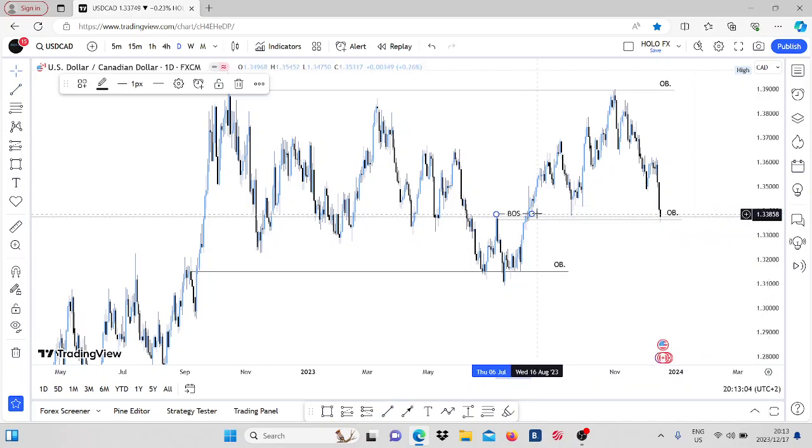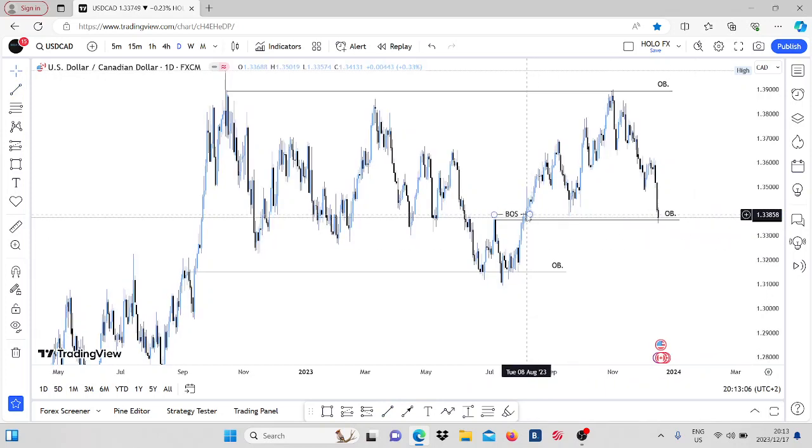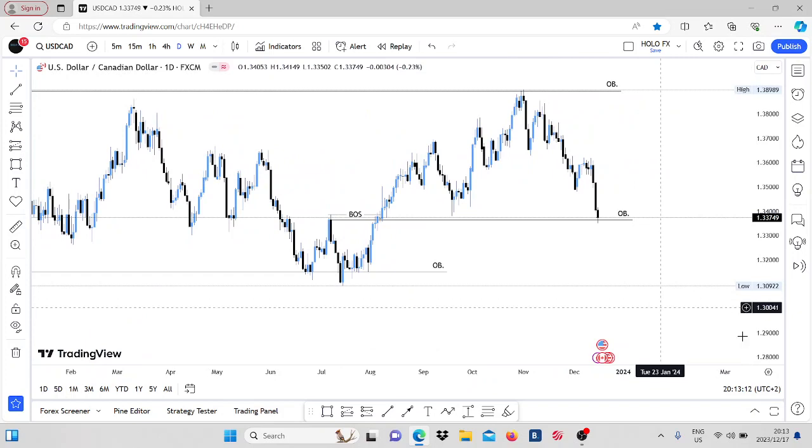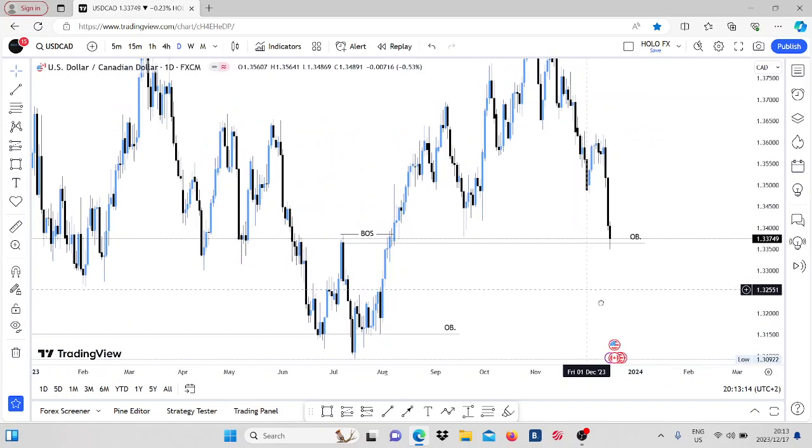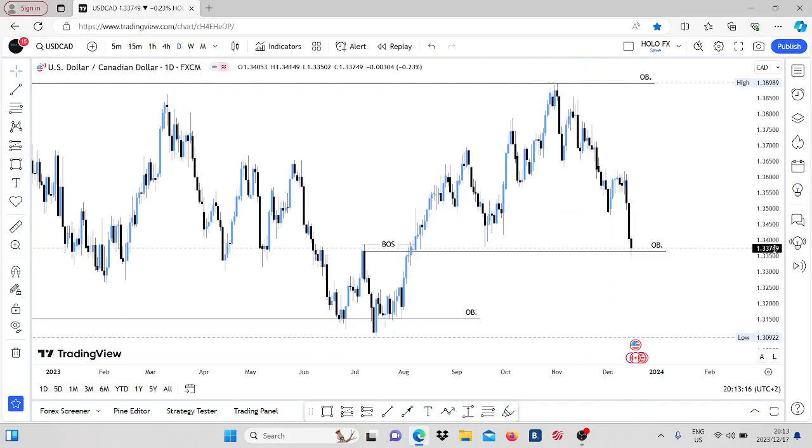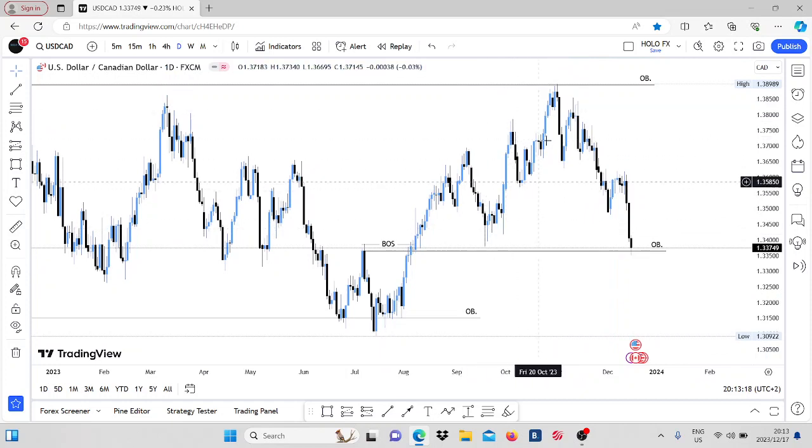We initially broke structure over there, and the market was bullish, right? It was bullish till price collapsed, started trading lower.